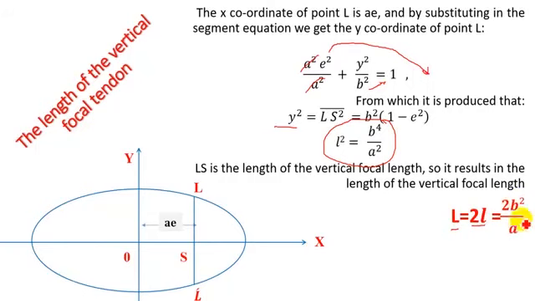When you square that, this 2 goes with that 2, so l equals b square over a, and if I square it, it will be b power 4 over a power 2.